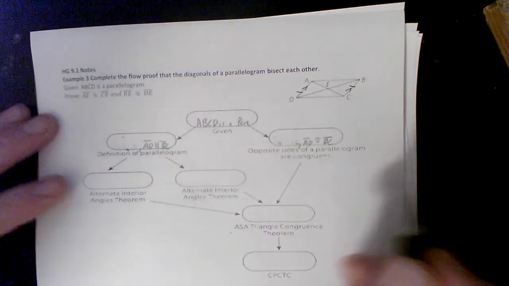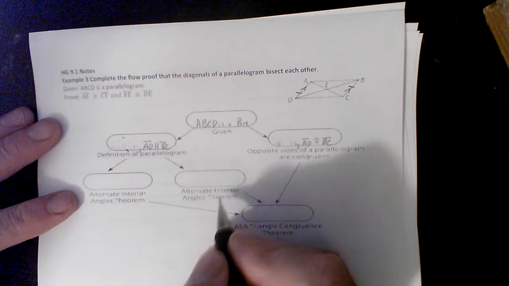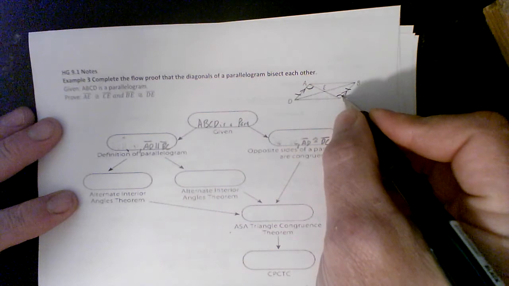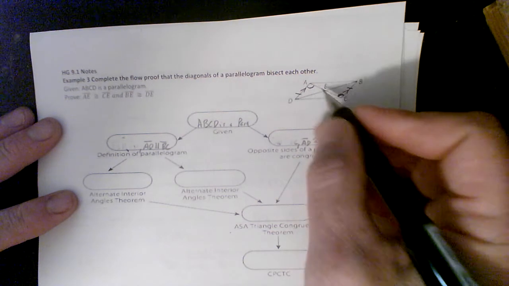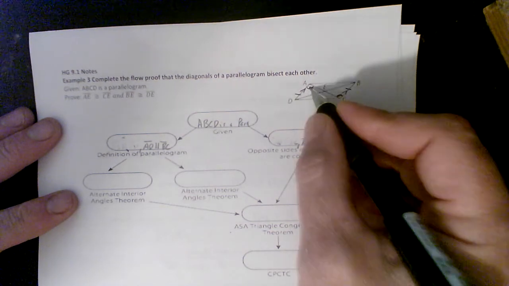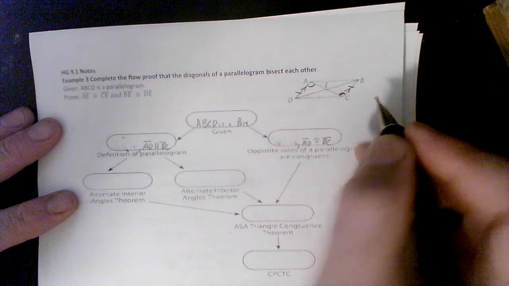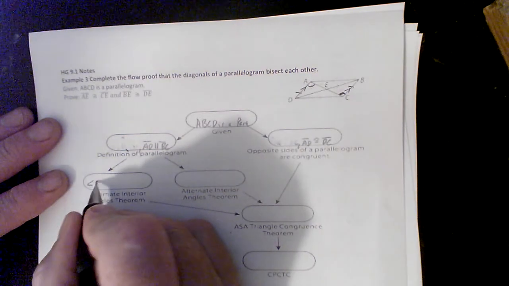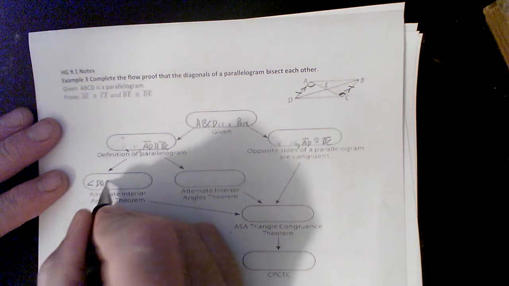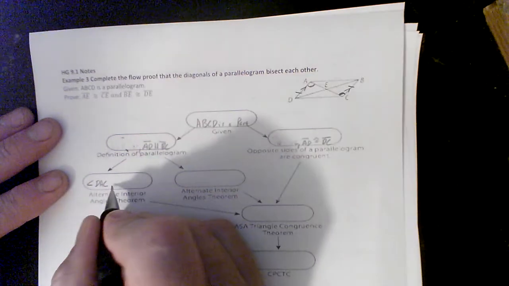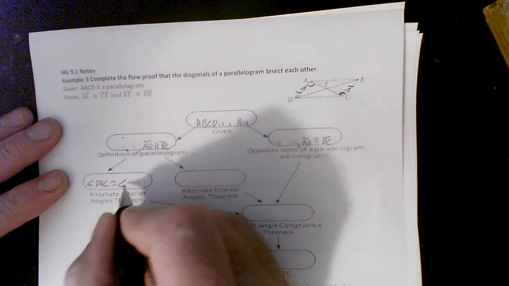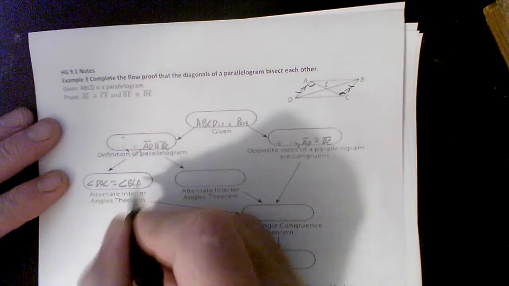Once we get this, we have two angles we can prove congruent. I'm going to mark it here. I'm going to prove that this angle is congruent to this angle, because we have alternate interior angles here on those parallel sides. So I'm going to say angle DAC, that's this one, is congruent to angle BCA.